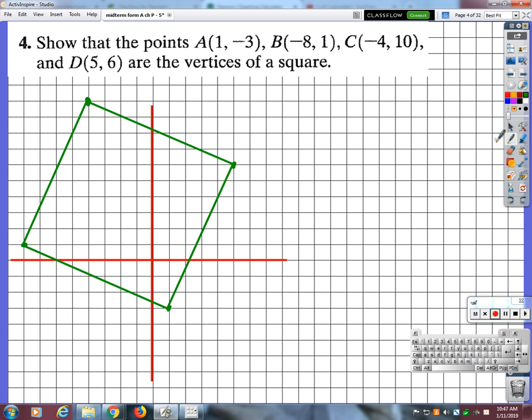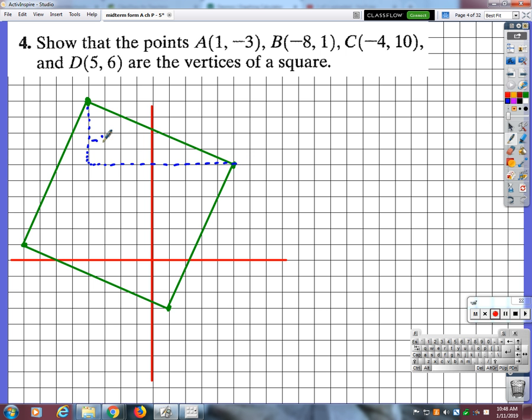Okay, so yeah, Tristan says for that to be a square, the sides have to be parallel, right? So what's the slope from this point here down to that point there? What is that?